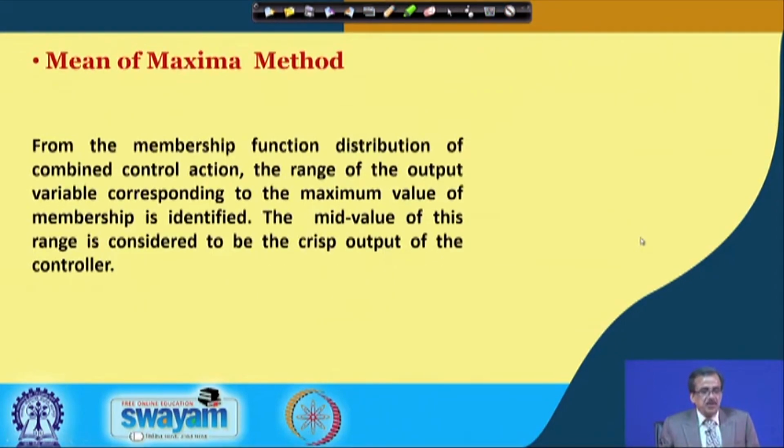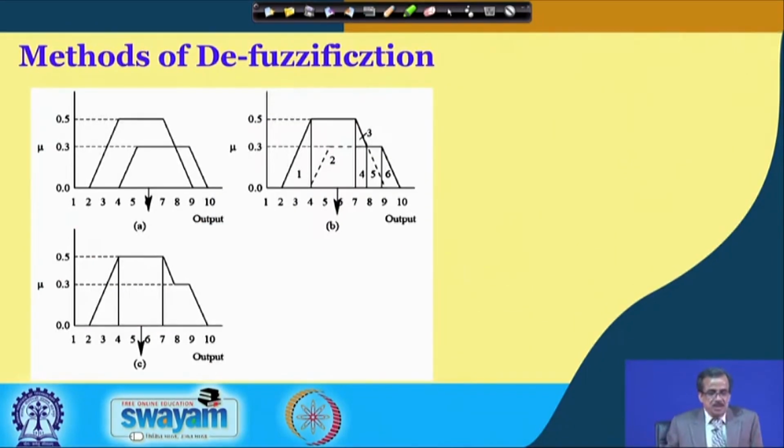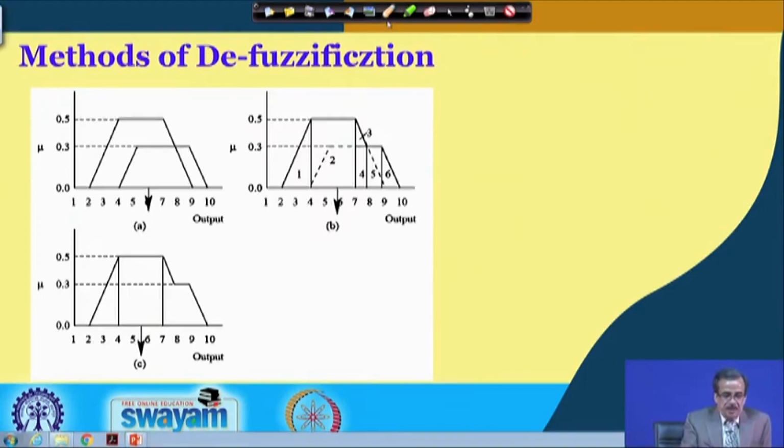Now, I am just going to discuss another method, that is called the mean of maxima method. I can explain it with the help of this figure very easily. Let me repeat, considering both the fired rules, supposing that I am getting this type of fuzzy fired output, and this shows the combined output of both the fired rules.